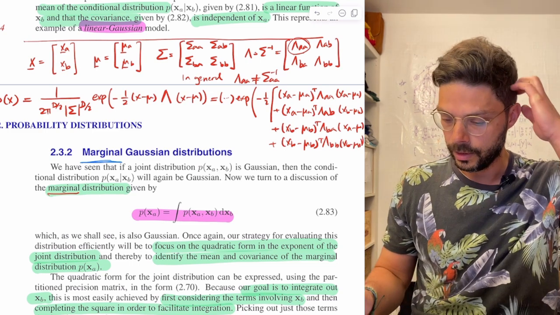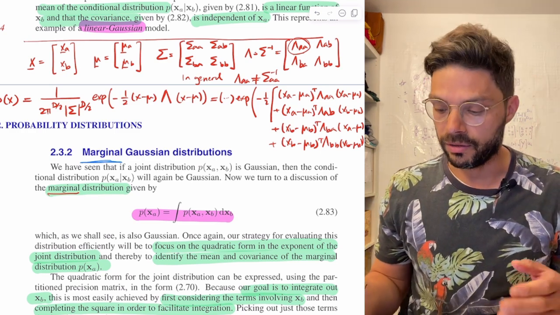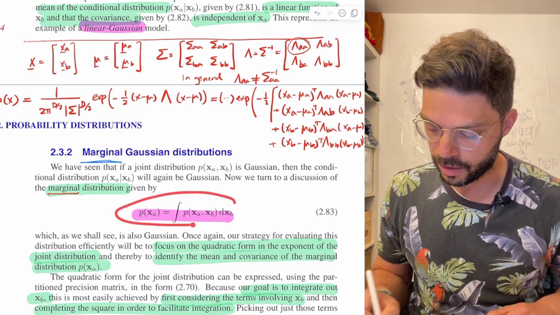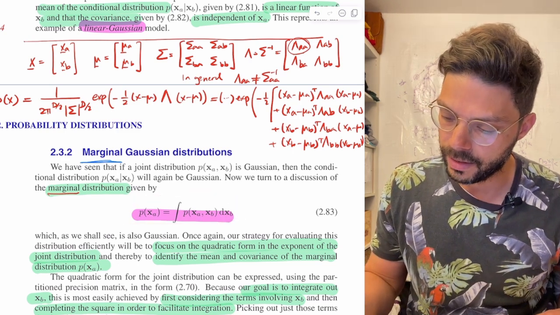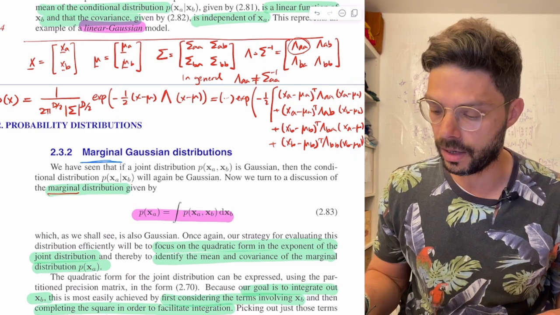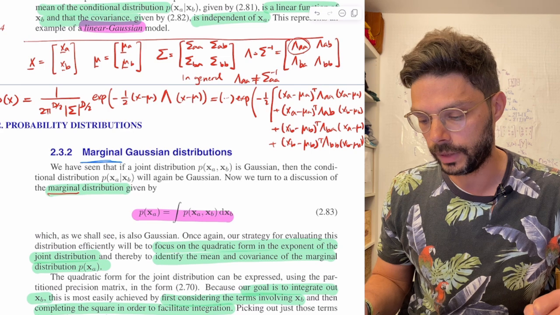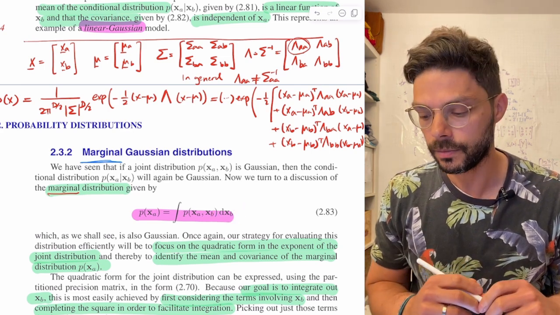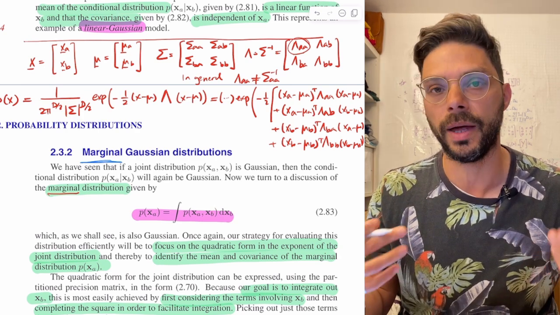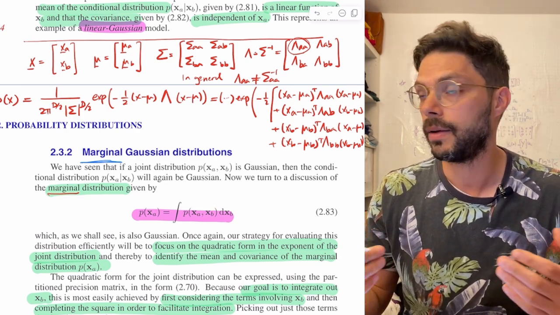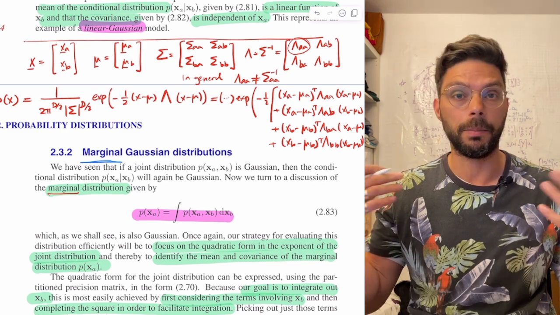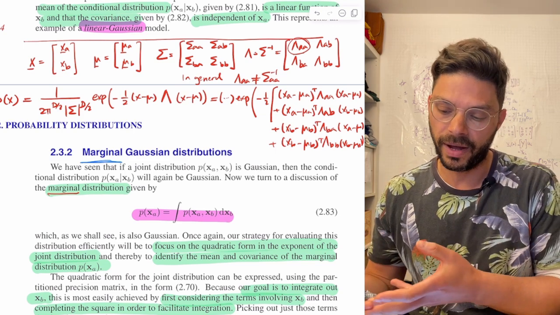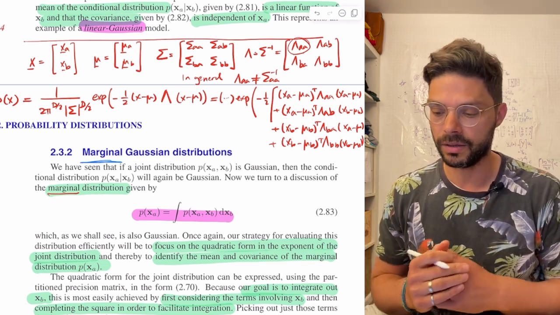Now what we want to do is integrate this complicated expression, integrating out X of B. You can always just do that integration directly, but it can be a bit complicated. We want to use the fact that we have a Gaussian to make our life easier.